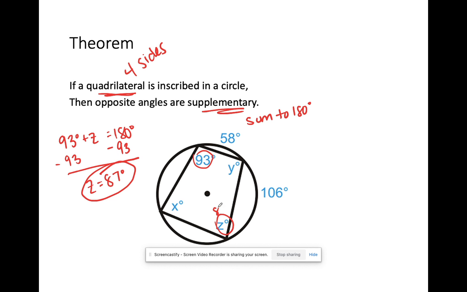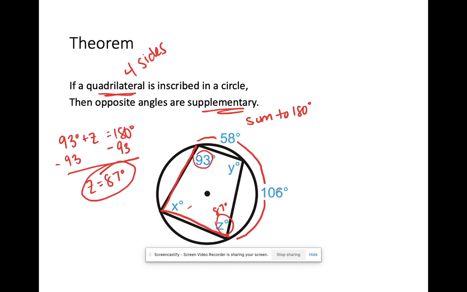So then I can put that 87 in. But other than that, I can't really do a whole lot with just this theorem to find angles X and Y because I don't know either one of them. But what I can do is I can look at this angle here that's inscribed in the circle. That's going to correspond to this arc here.